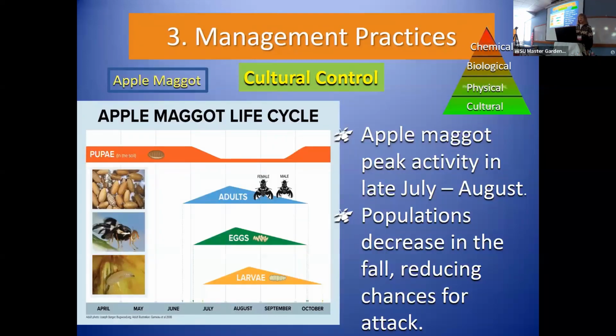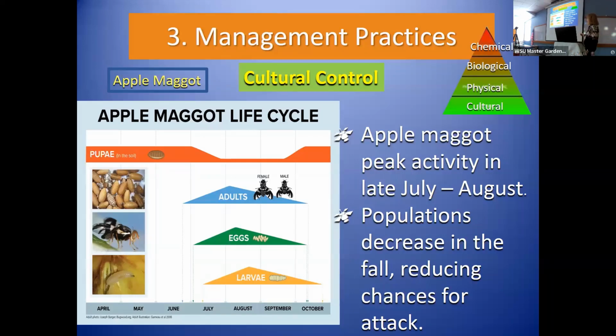Now, I want to now look at cultural controls related to apple maggot, since it is such a dominant pest here in Western Washington. Now, this graphic comes from WSDA, and what I want you to notice at the bottom, it gives the months, and then it tells you when the adults are peaking, eggs and larvae.